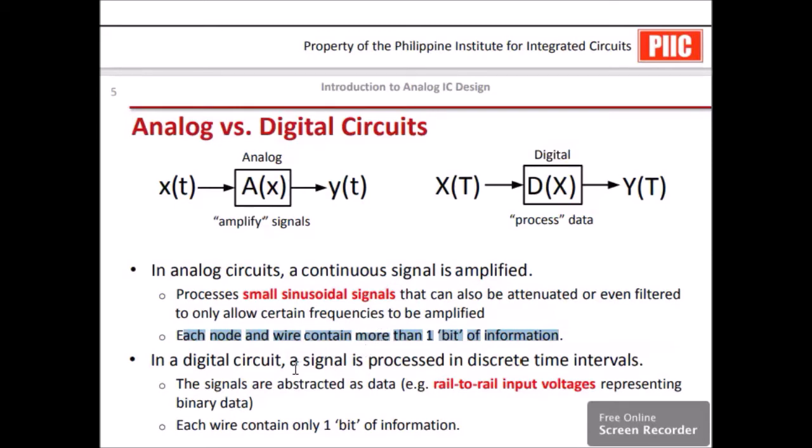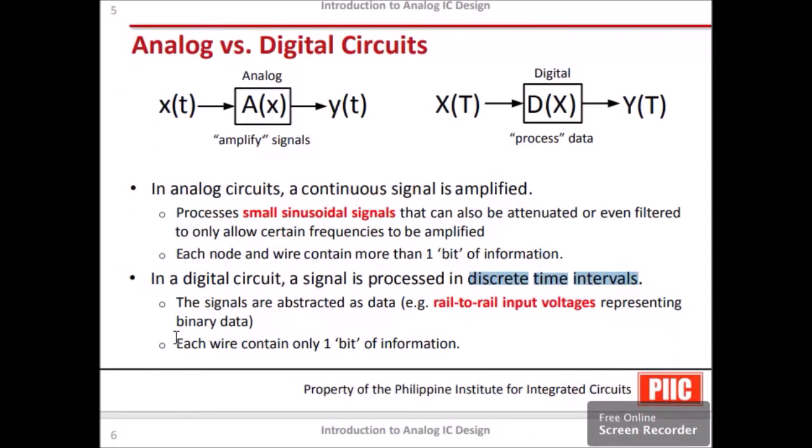In digital, the signal is processed in discrete time intervals. It's more like zeros and ones that we process, so each wire contains only one bit of information, unlike analog where there can be a lot of information in a wire.